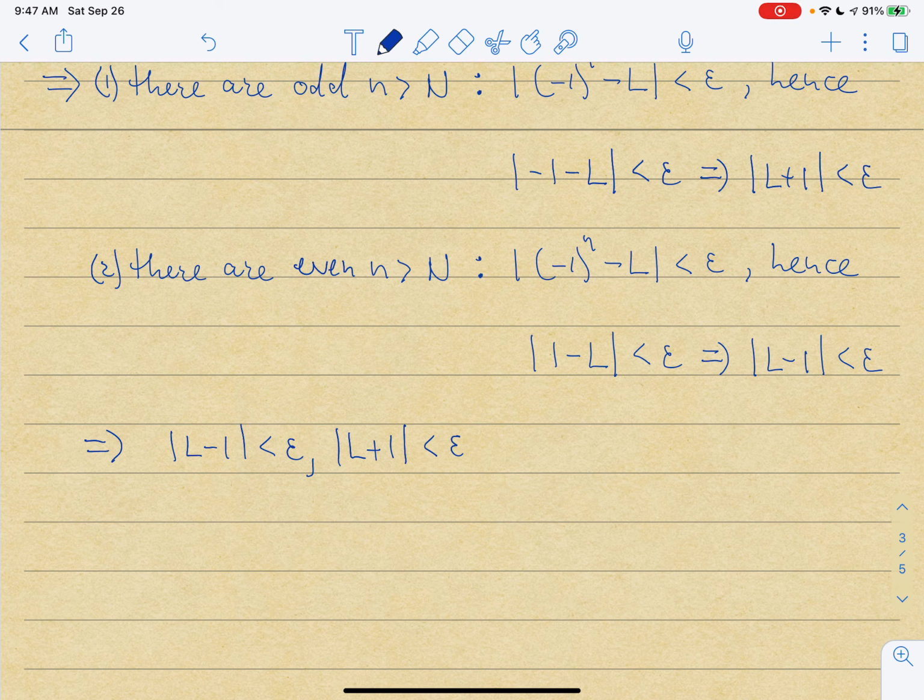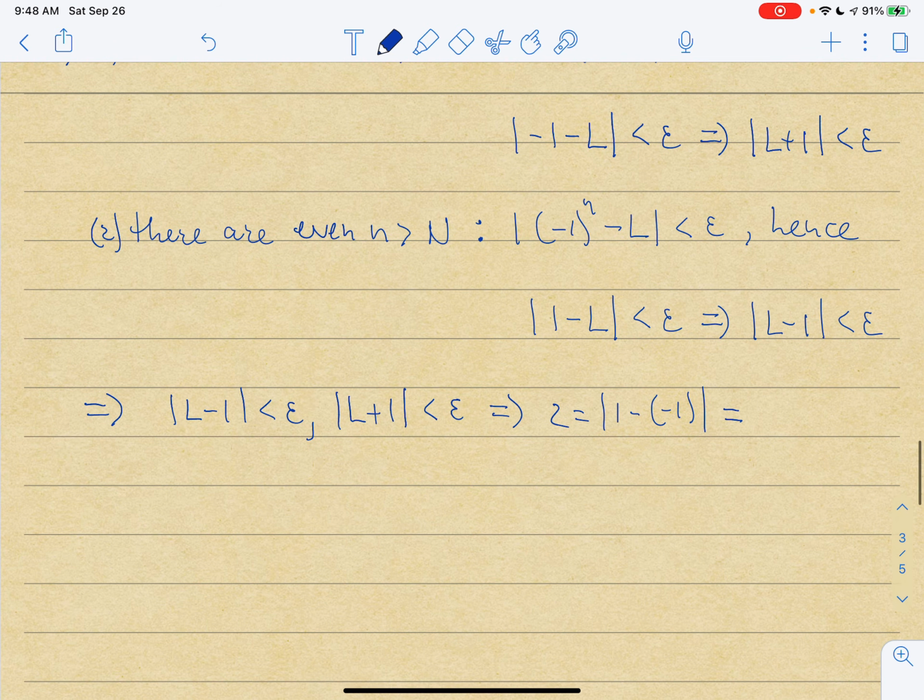So indeed, what can we say here is this. What's the distance between 1 and minus 1? It's absolute value of 1 minus minus 1, which is in fact 2. That's not really very surprising. And now I can play the same trick as I did in one of my previous examples when I was showing uniqueness of a limit.